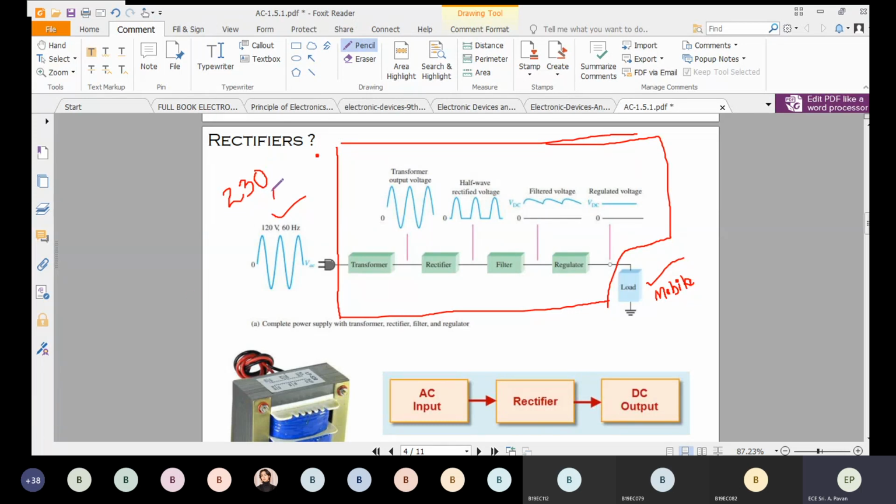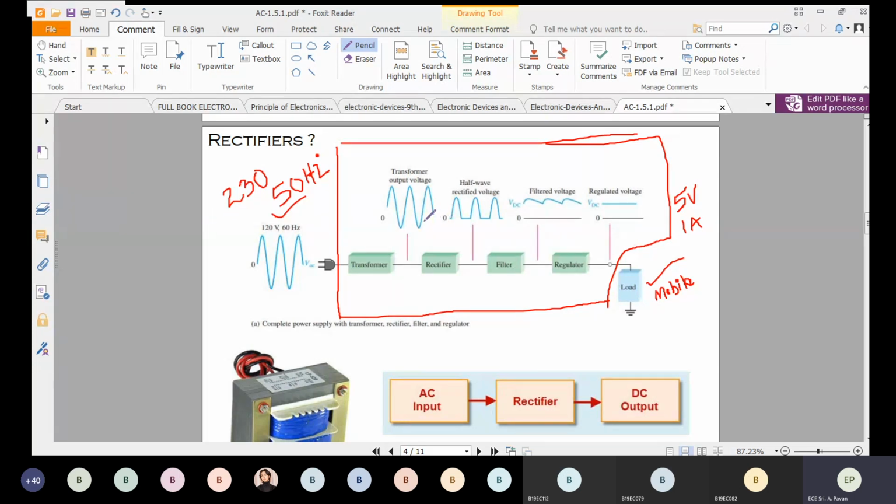It will be written like this: input is 230 volts, 50 hertz, output will be 5 volts, 1 amp. This will be written on the mobile charger under the specifications.